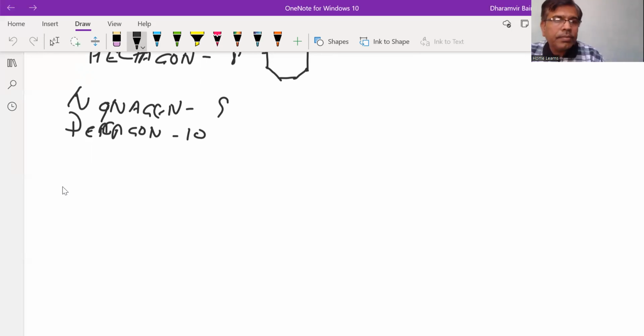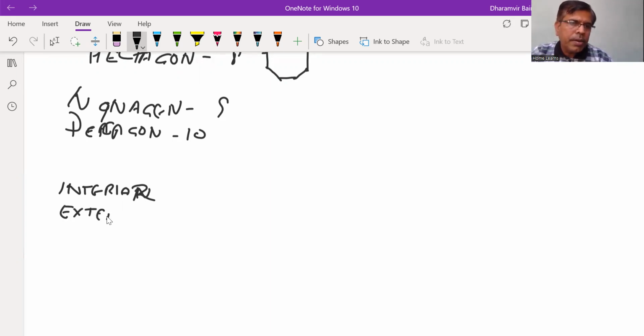Interior and exterior of a polygon. Let's take an example.